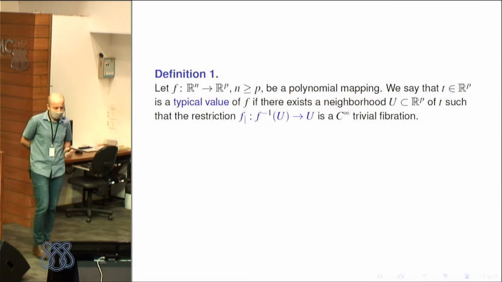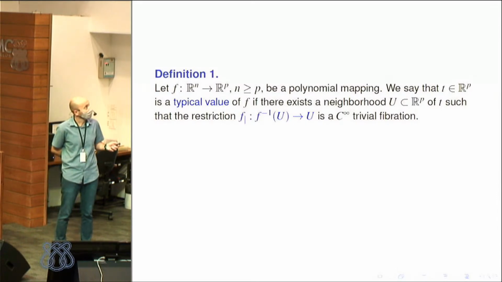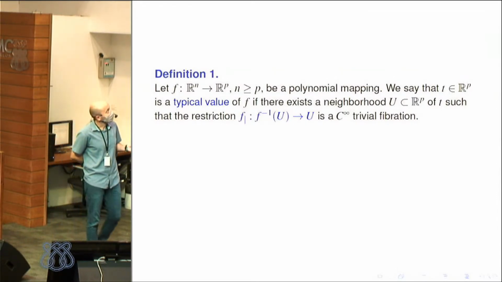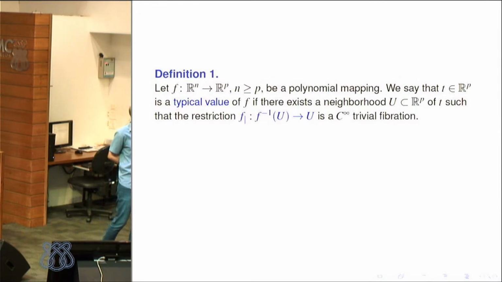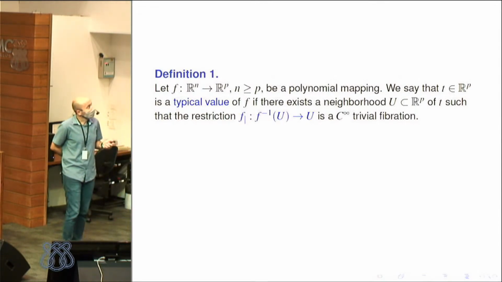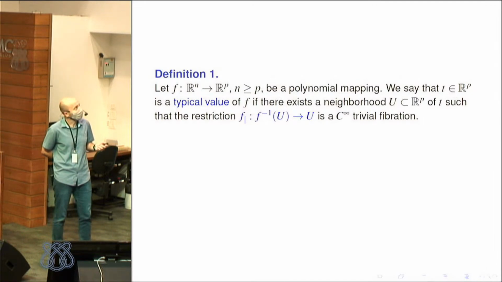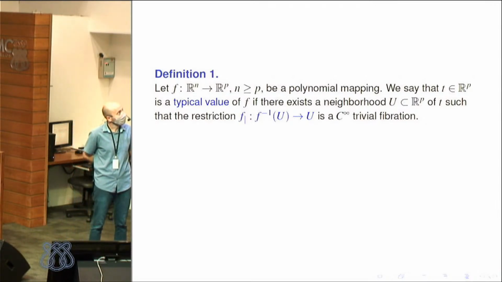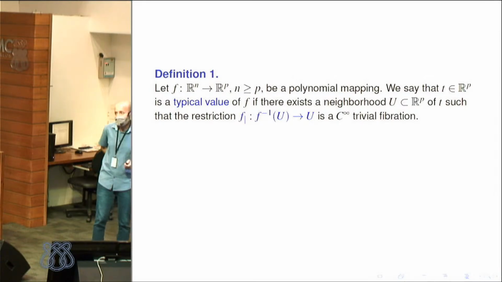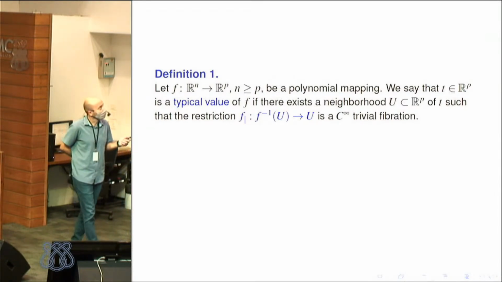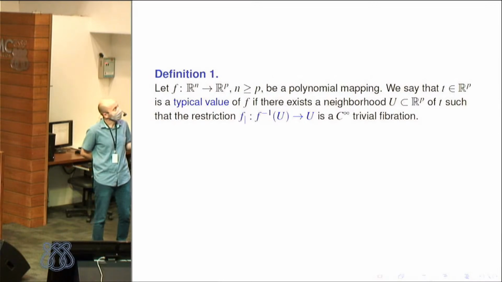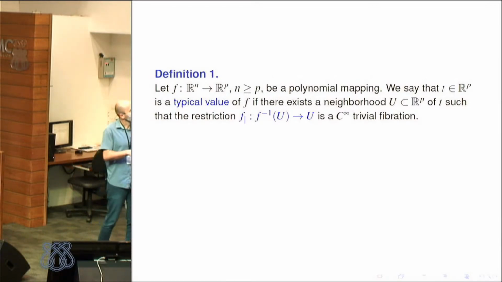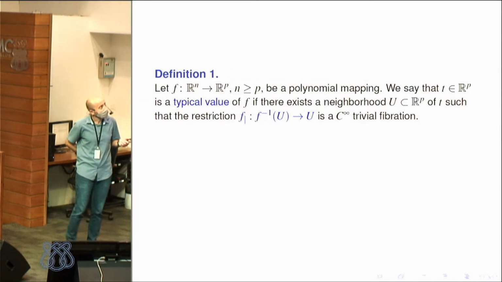So we recall here the definition of BF. Given a map F from Rn to Rp, we say T in Rp is a typical value of F if there exists a neighborhood U in Rp of T such that the restriction of F to the preimage of U is a C infinity trivial fibration.